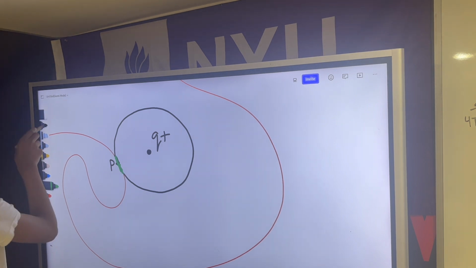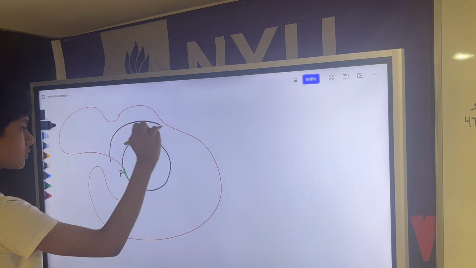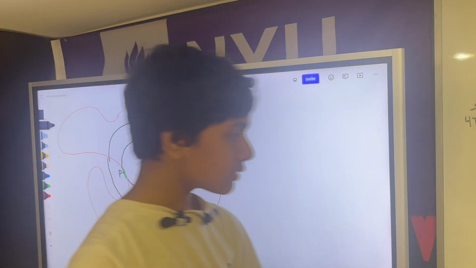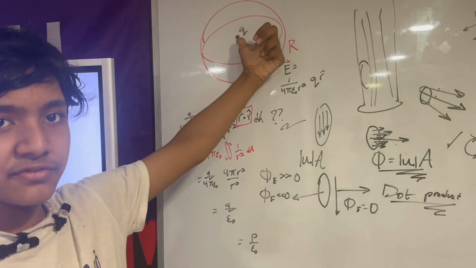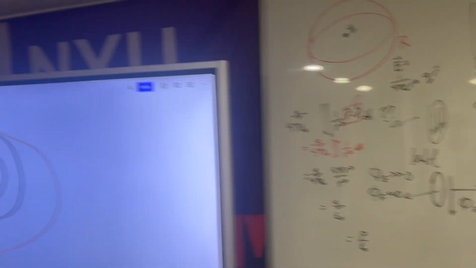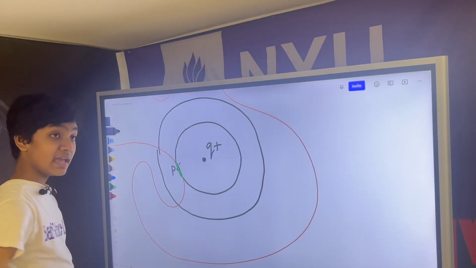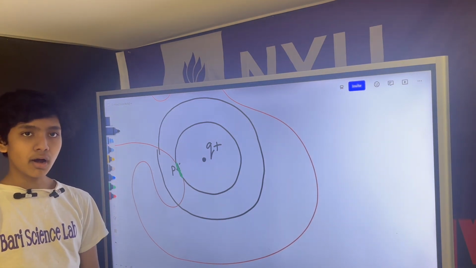Well, believe it or not, I can just draw a different circle. And of course, remember that the total flux has no relation to the radius of our sphere, which means that the total flux doesn't change infinitesimally. If it did change infinitesimally, this would be broken and we would be crying right now.